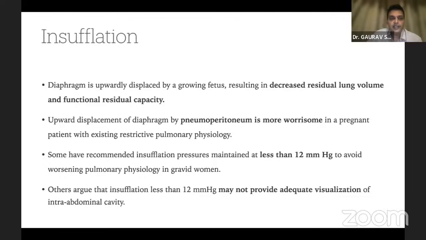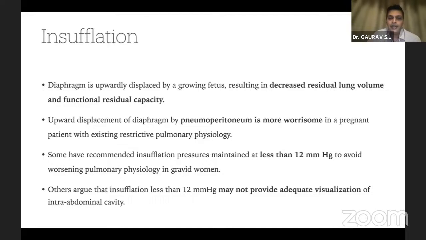Now coming to insufflation, in case of laparoscopy, it's actually a double-edged sword. You don't want to insufflate too much because that will cause undue pressure on the uterus, which anyway is putting pressure on the vascular structures posteriorly. This adds to that.